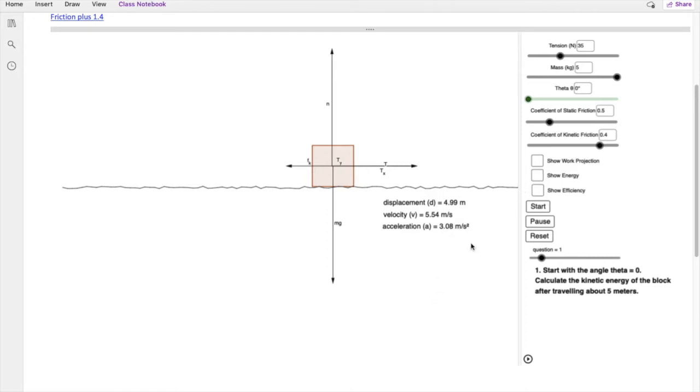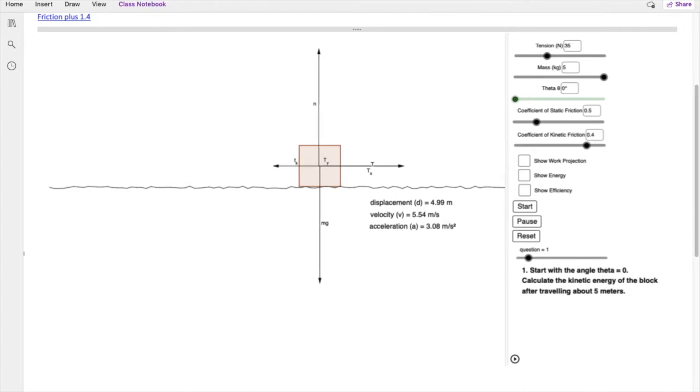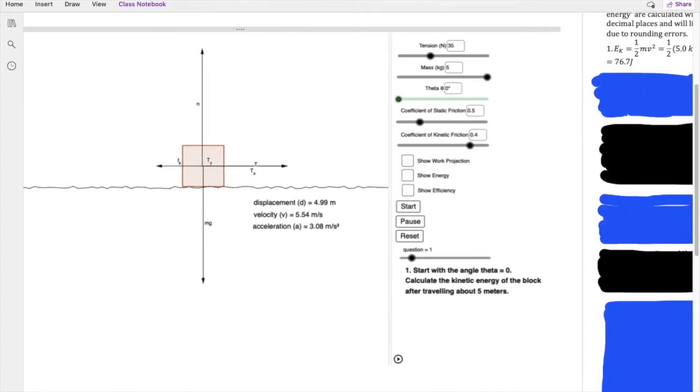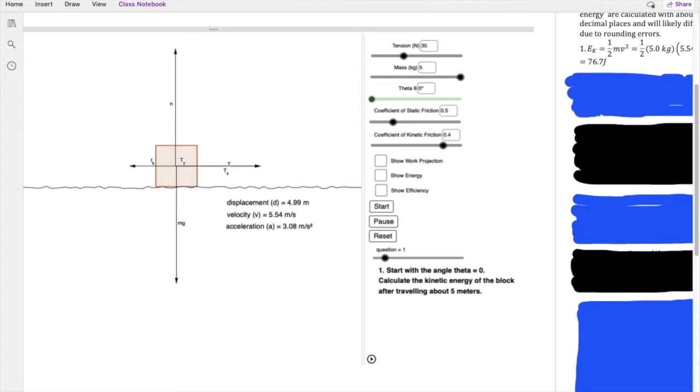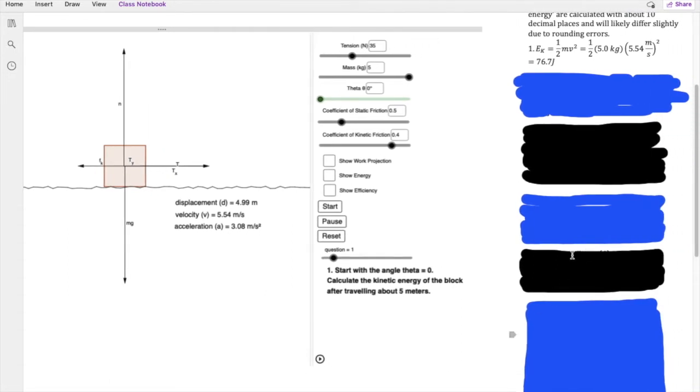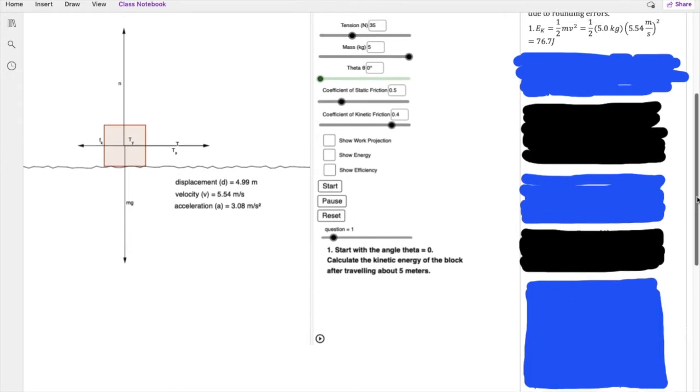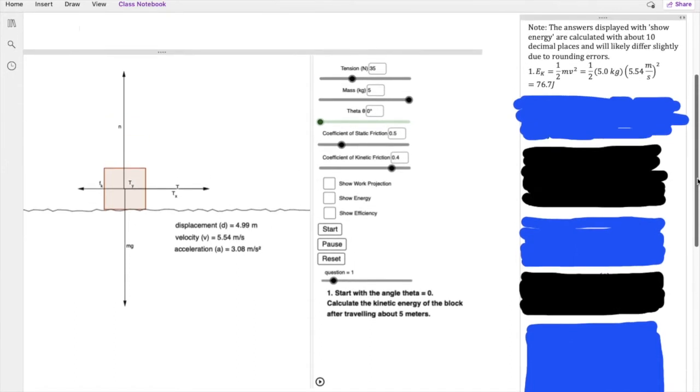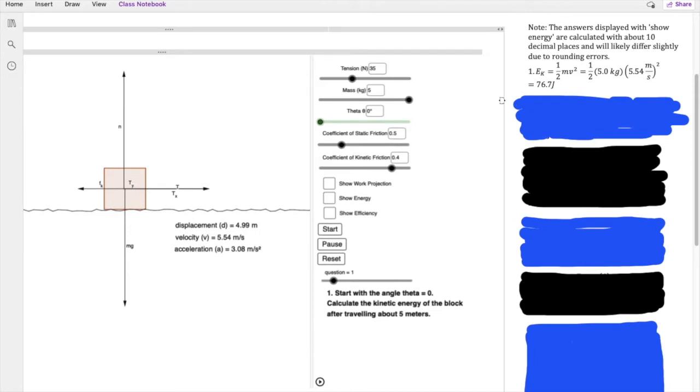All right, so let's take a look at how we can solve this. We know that the kinetic energy is equal to 1/2 times mv squared. Please note that there will be some rounding errors as we go through this, just because the animation does use a different number of significant figures than we will be in our calculations.